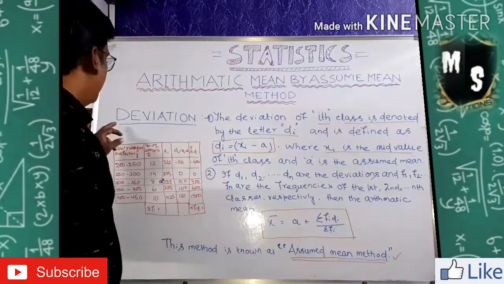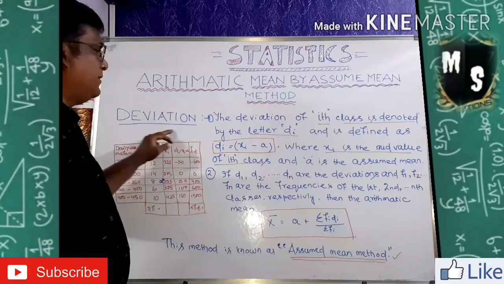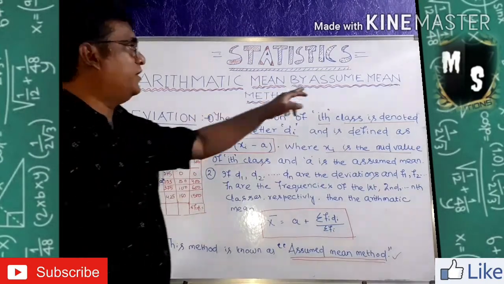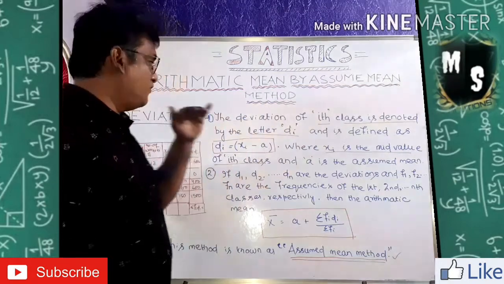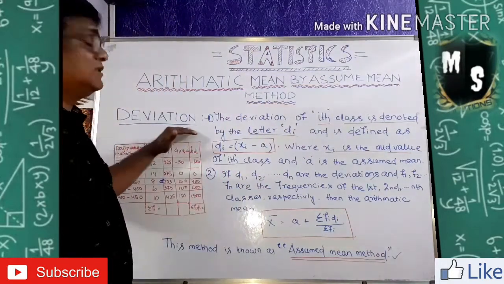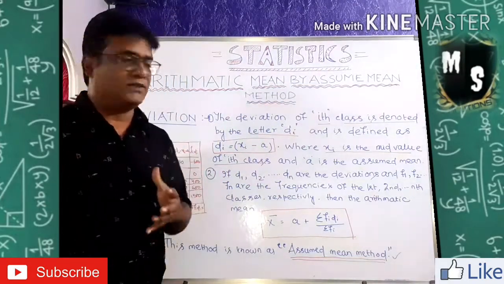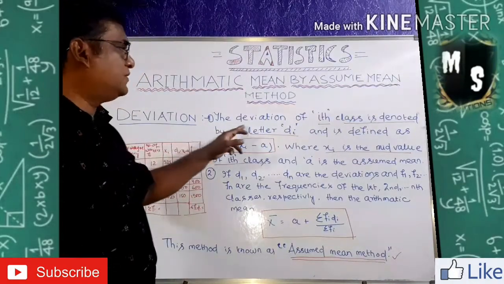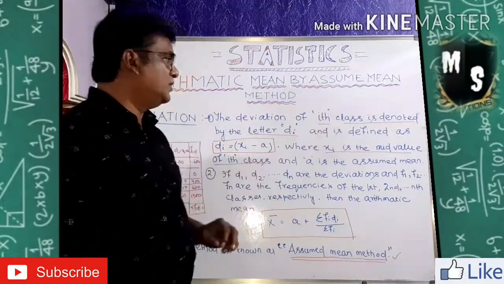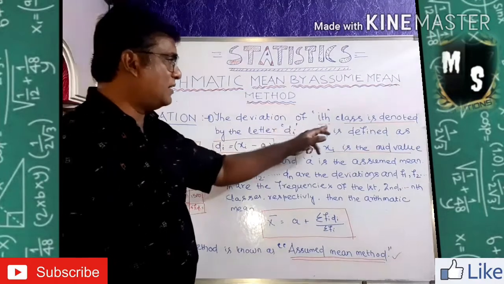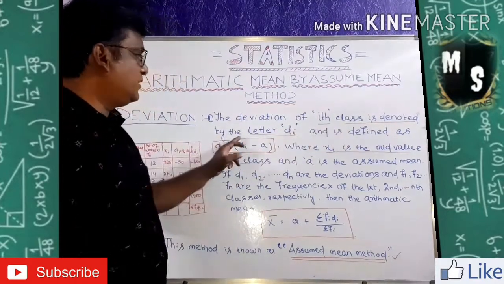See now, I wrote here deviation. This is a definition that comes when you do the assumed mean method. The first definition is the deviation. The deviation of the ith class is denoted by the letter di.